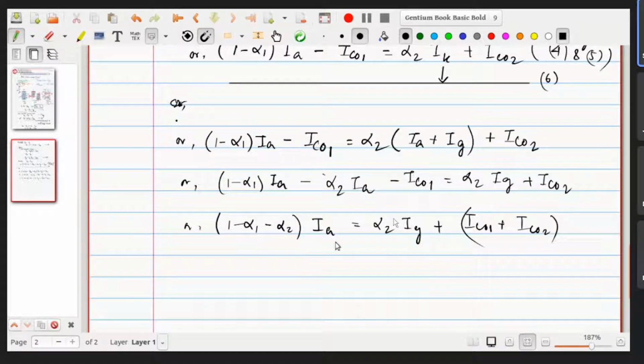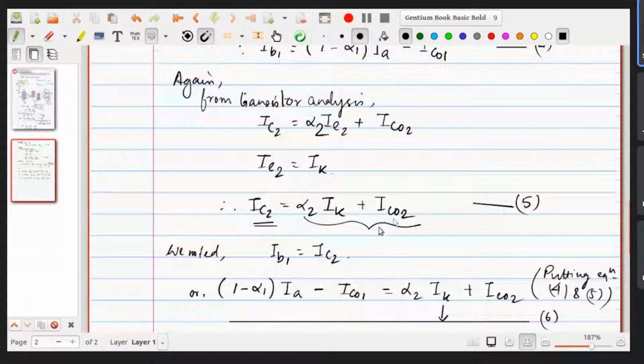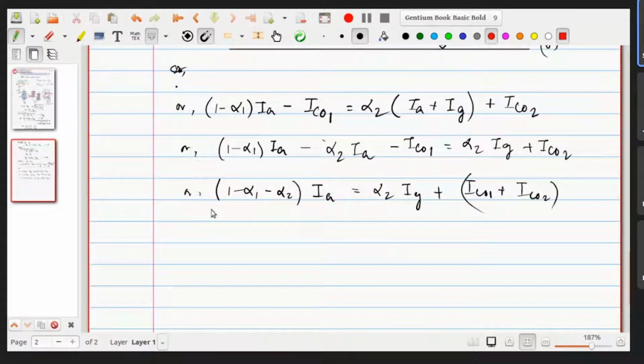Okay, so again we observe that the entire concept, if we take it in the total sense, what we have seen is that the output current was the gain factor with that emitter current plus the reverse saturation current. So you observe here the factors remain the same. This is some factor with the anode current equals to a portion of the gate current plus the leakage current.